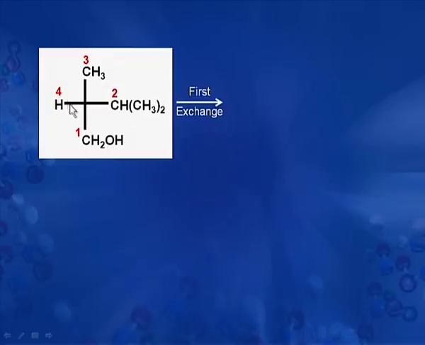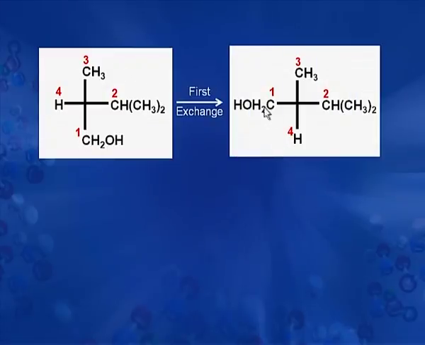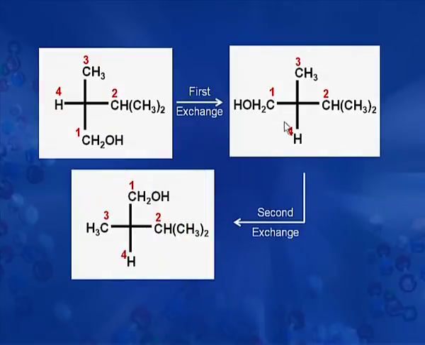We get this situation. Hydrogen with the 4th priority comes here, CH2OH goes there. Then we can do any second interchange between these 2 groups or between these 2 groups. We will not use this hydrogen because we want to keep it here. So, after a second exchange, say between this methyl and CH2OH group, we get this situation: CH2OH, CH3 twice, CH3 and then hydrogen.